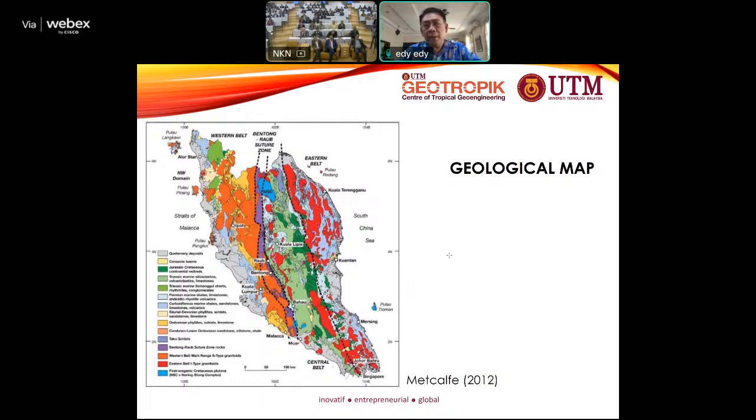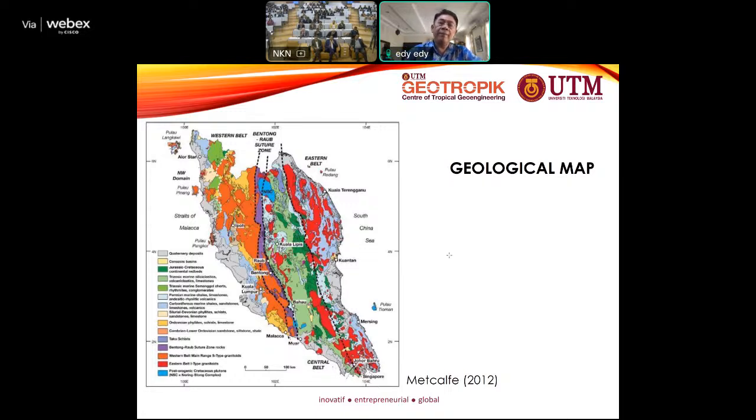There are two mountain ranges from the north to the south. But in the middle of these mountain ranges, you can see the greenish color, which is the sedimentary and the metamorphic rocks that were generated from the sediments area. So we have the two mountains on the right and the left, and then at the middle part are situated the sedimentary and metamorphic rocks.